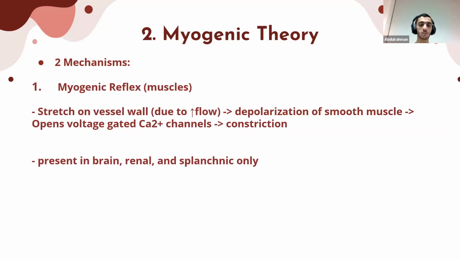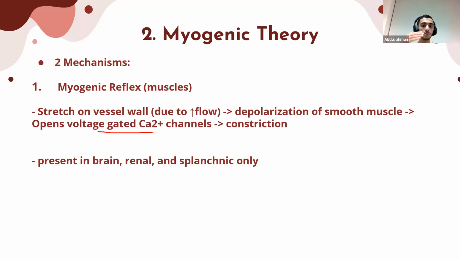Now, for the first one that we didn't discuss, myogenic reflex. We said we got the endothelium layer. Underneath the endothelium layer, we got the muscle layer. What you need to understand about the myogenic reflex is that whenever there's too much stretch on the vessel wall, like you're just sitting normally, and then suddenly you get a huge gush of blood flowing through the vessel, the muscles are going to be stretched, and since they're being stretched, you have an opening of the voltage-gated calcium channels, and this will cause reflex constriction.